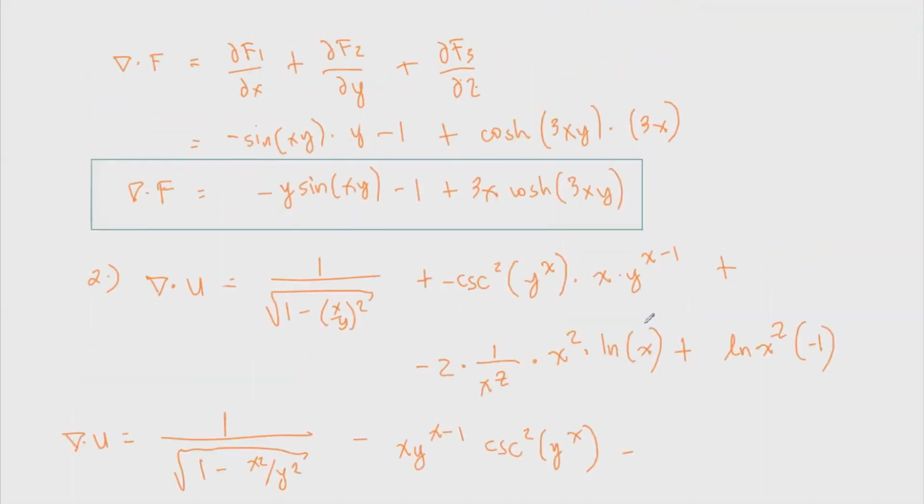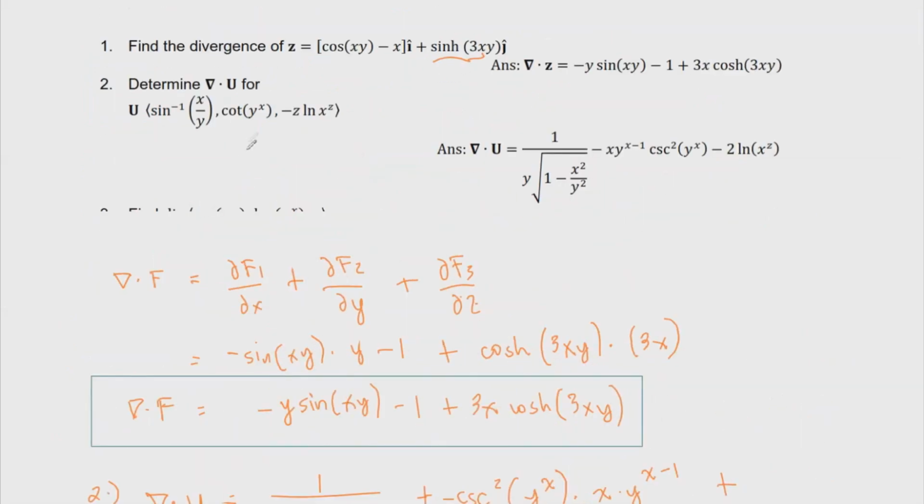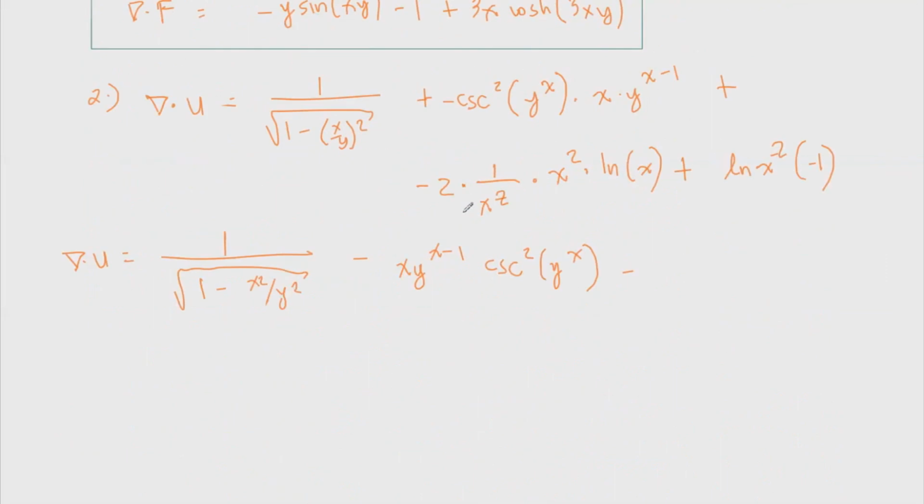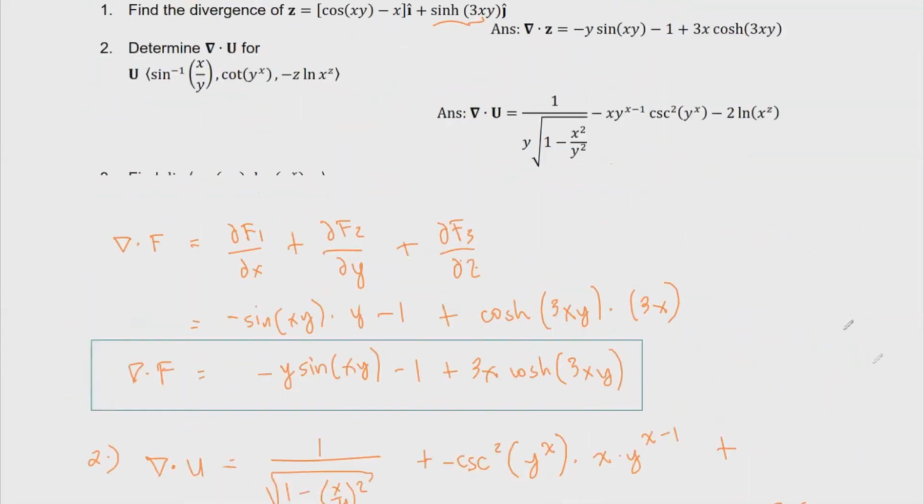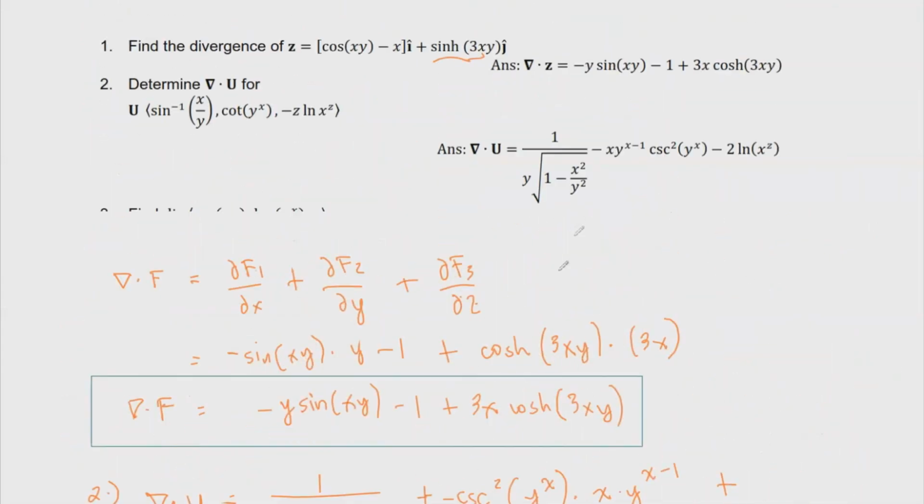Let me just check if it's 2 or z. I think it's z. So minus z, and then this one is x to the z as well. So this cancels out, and then we're left with z ln of x, and then we have minus ln of x to the z. Okay, so that is our final answer, and I hope we get the same result here.